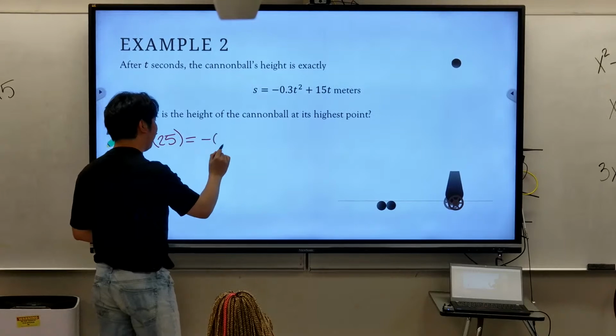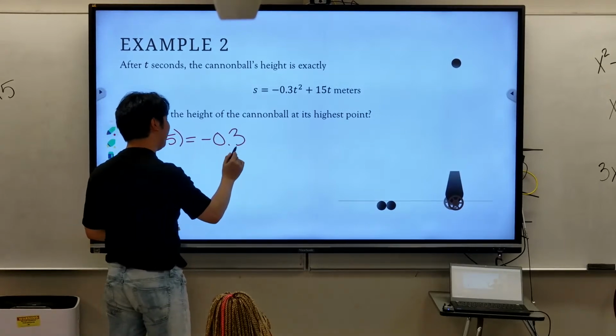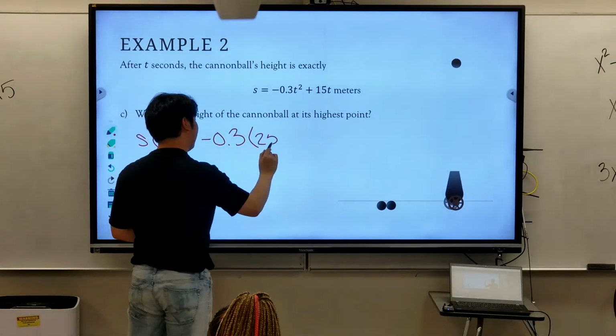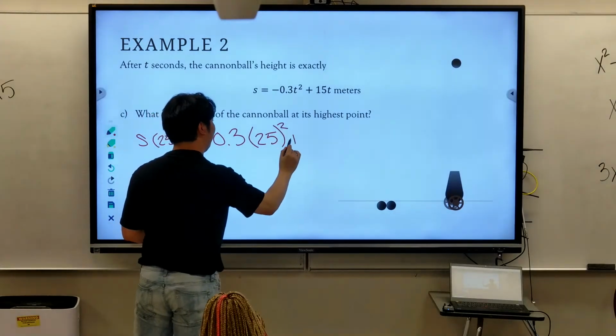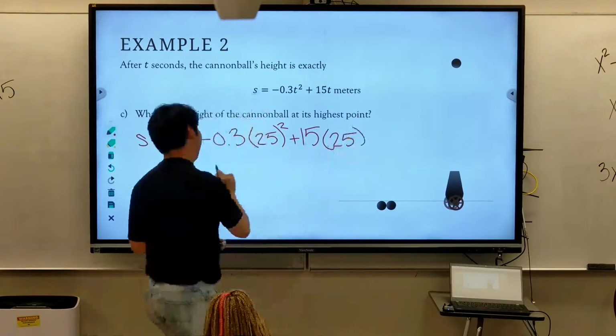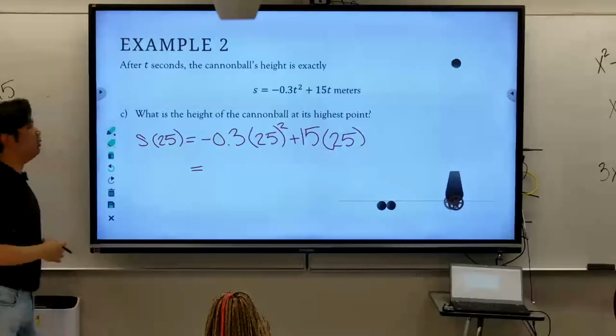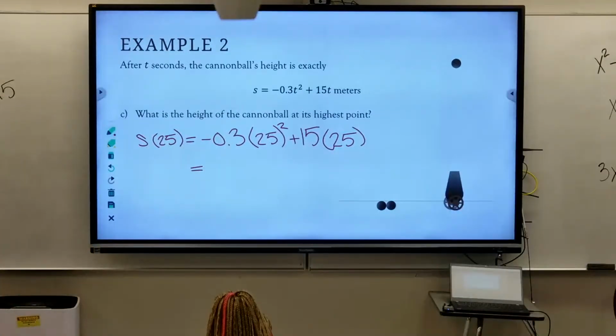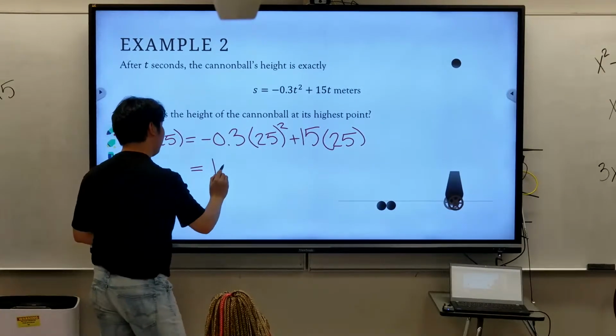If someone would be so kind to plug that into a calculator for me, so I don't have to do 25 squared and 15 times 25. Now I'll take your word for it, whatever pops up there. Yes, that is correct.